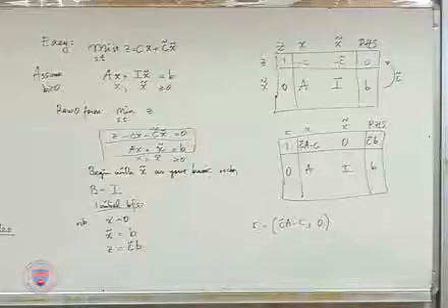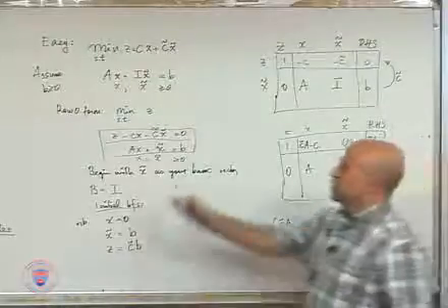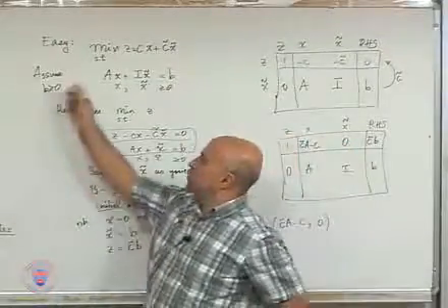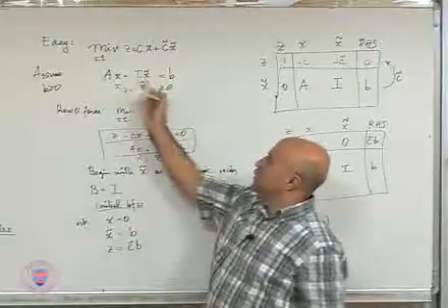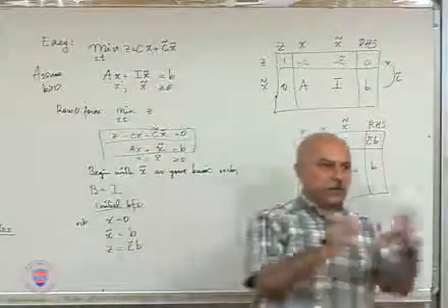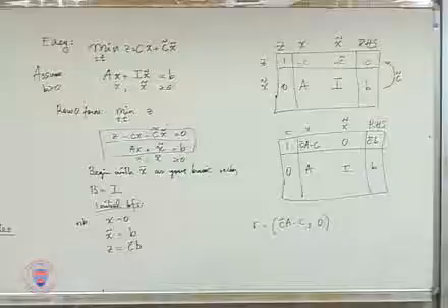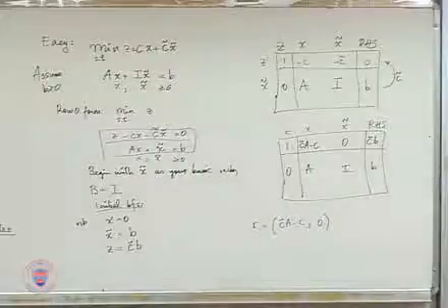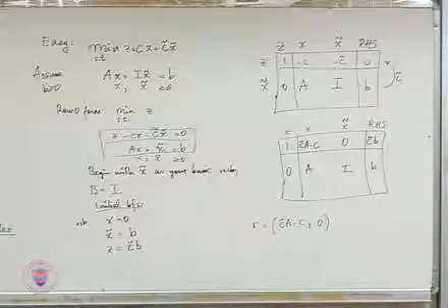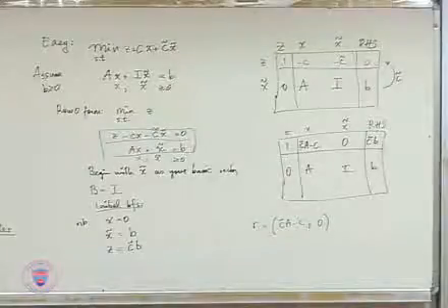Okay, the distinguishing feature of the easy cases, either the first or the second one, is that initially you have an identity matrix from the standard form problem. But sometimes you will not have that situation. There is no identity in the standard form version of the problem.